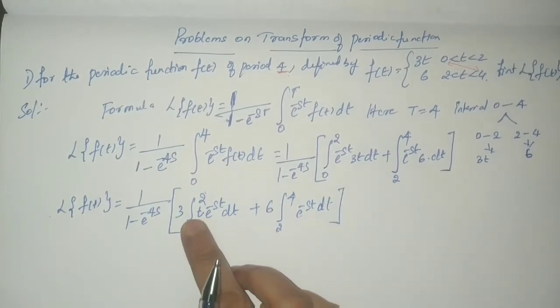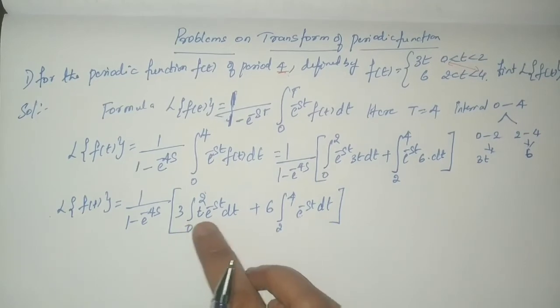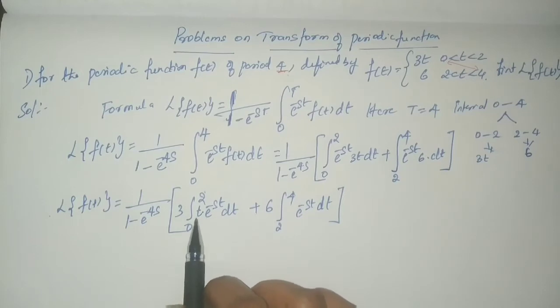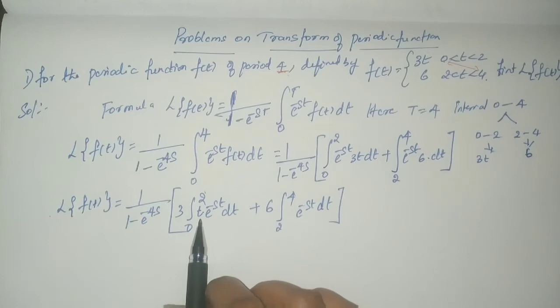You may ask what is the necessity to keep t first. Because here we are going to apply integration by parts. It is always good to have the first term as a polynomial, because when the polynomial goes for derivative, after some differentiation it turns out to be 0.